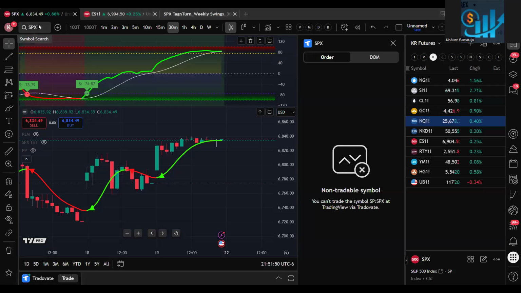So for any indicator or any software, for manual trading or automation, whatever it is, you need liquidity. When the liquidity and volumes are good, the buy signals and sell signals work better.